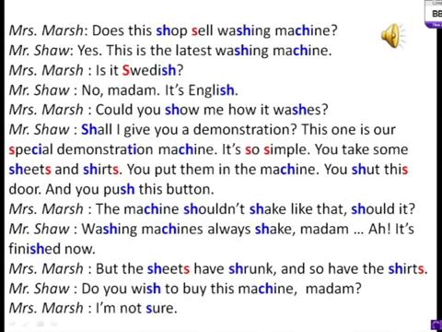You take some sheets and shirts, you put them in the machine, you shut this door, and you push this button. The machine shouldn't shake like that, should it? Washing machines always shake, madam. It's finished now. But the sheets have shrunk, and so have the shirts. Do you wish to buy this machine, madam? I'm not sure.